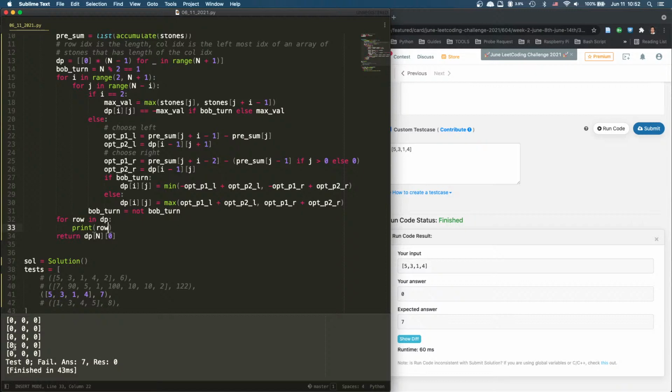Let's take a look again. So we have 0, 1, 2, 3, 4. That's right, 1, 0, 1, 2. So this is the first level, right? If i equals 2, max value is still on j from 0, and 0. Why is the result 0?